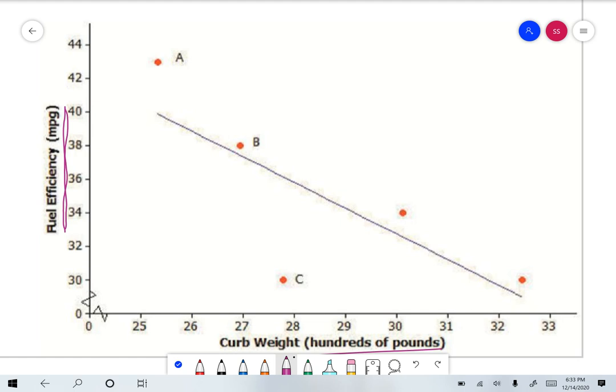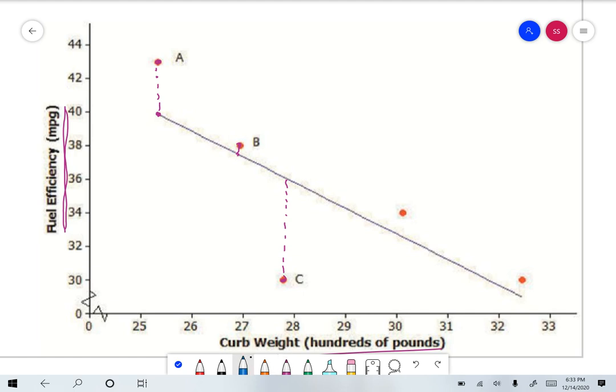Again, residual means the distance between the actual point and the line of best fit, which is essentially a prediction of what the point would be. Knowing that little extra bit of information, how would you describe these?